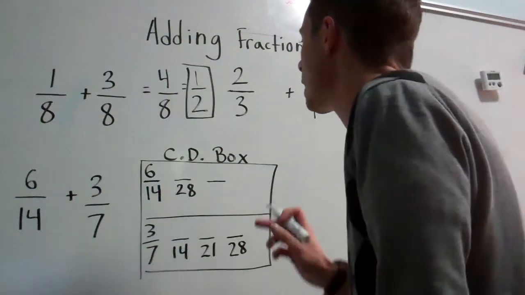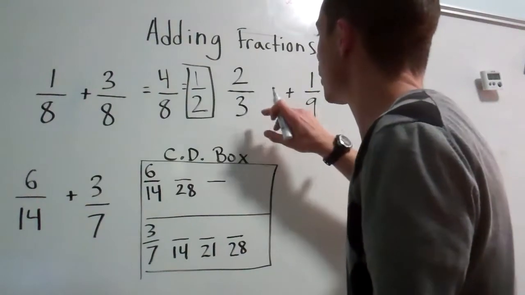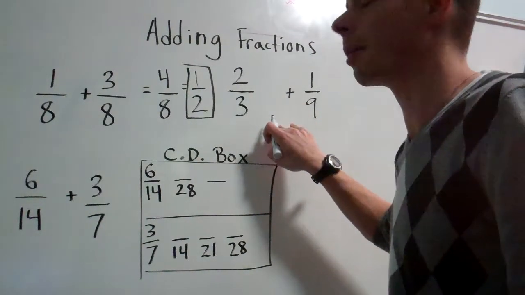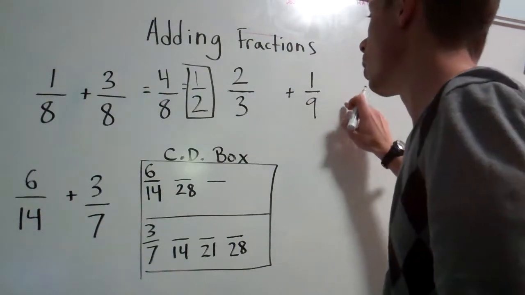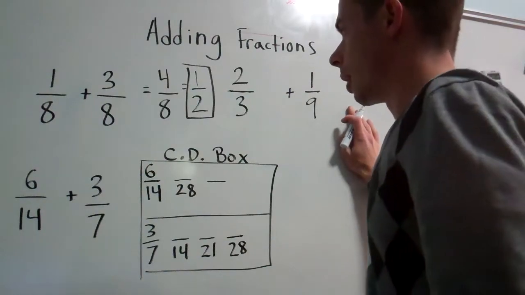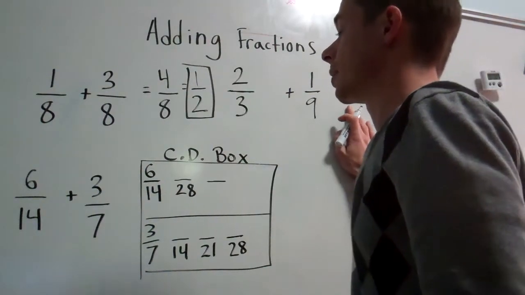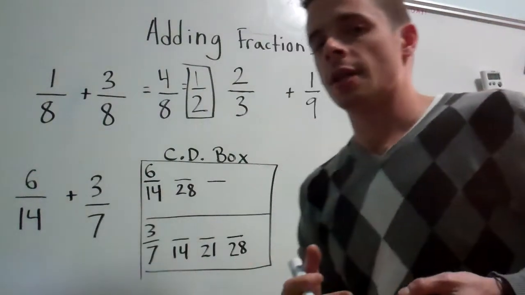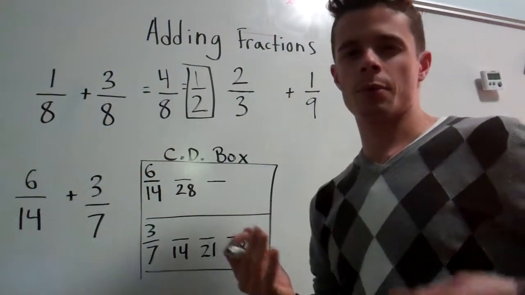Another situation we might have is a fraction with unlike or uncommon denominators, so 2/3 and 1/9. We want to add 2/3 and 1/9. It's tricky because when the denominators are not the same, it's kind of like dealing with apples and oranges.